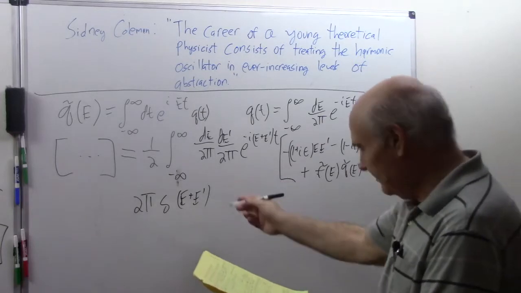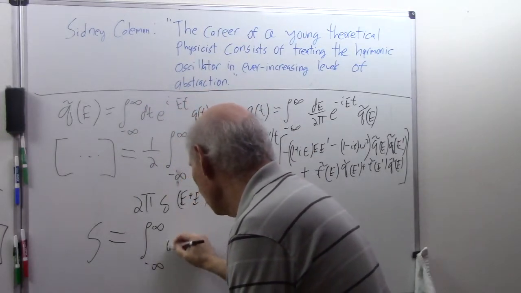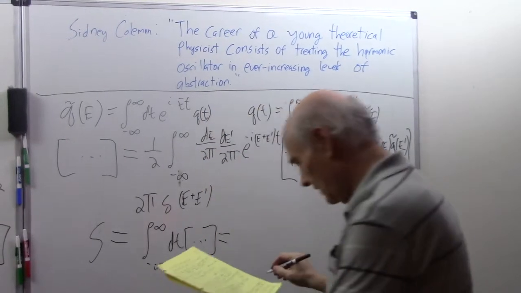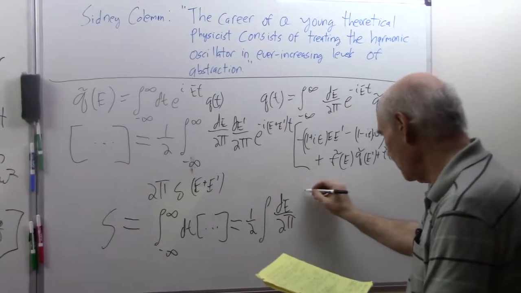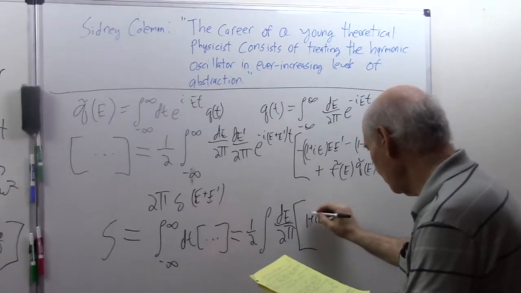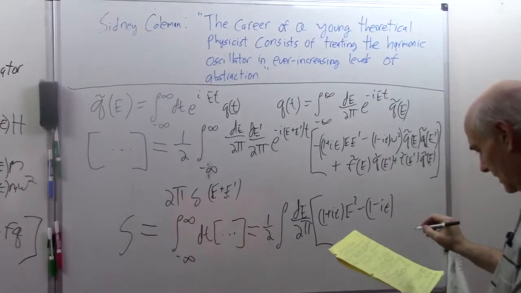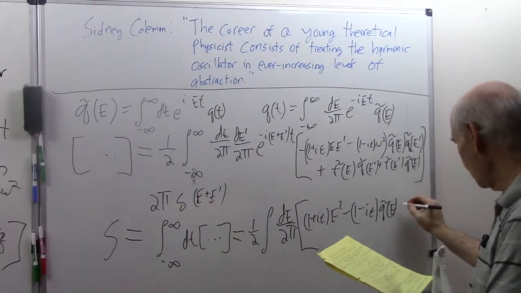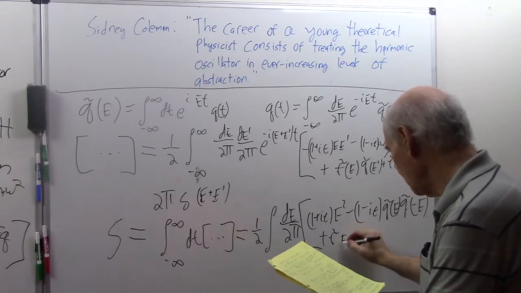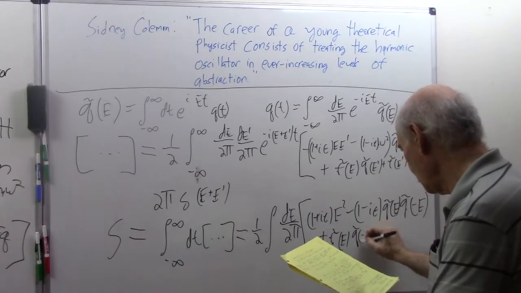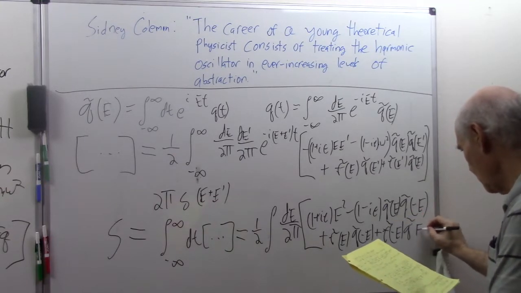And then we integrate over E prime, and we're going to end up getting our action S, the integral from minus infinity to infinity of dt, which is equal to 1/2 the integral dE over 2 pi, (1 plus i epsilon) E squared minus (1 minus i epsilon) omega squared, q tilde of E, q tilde of minus E. Then I have plus f tilde of E, q tilde of minus E, plus f tilde of minus E, q tilde of E.